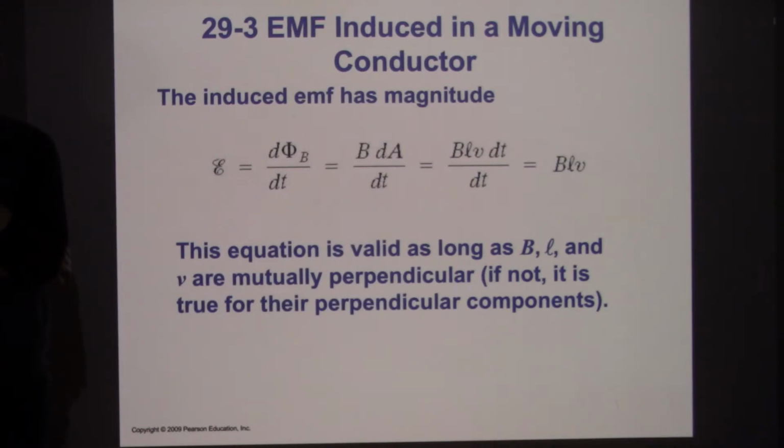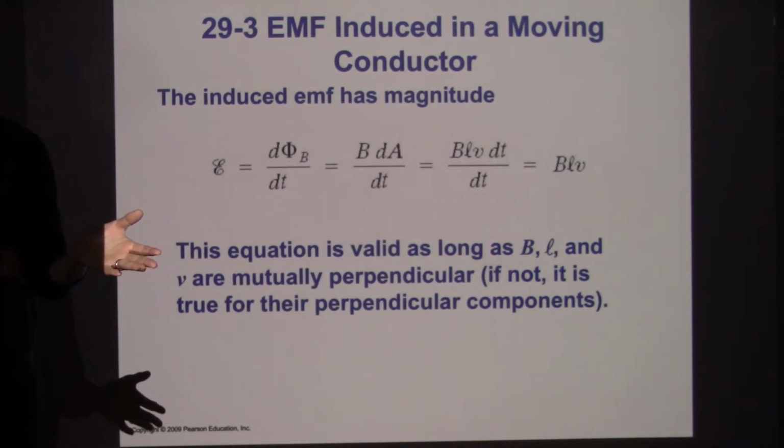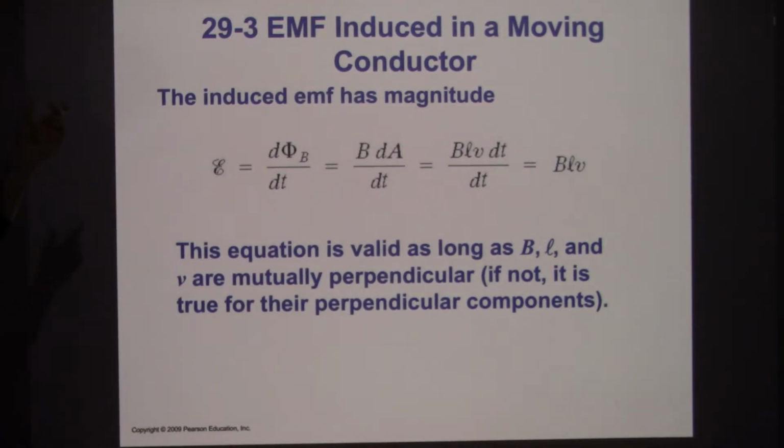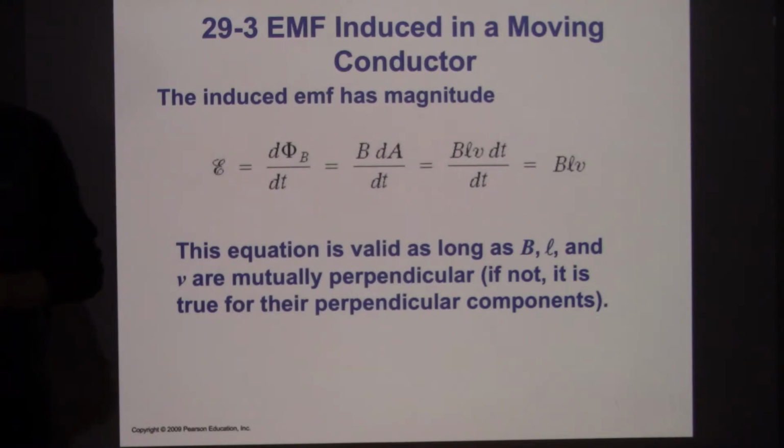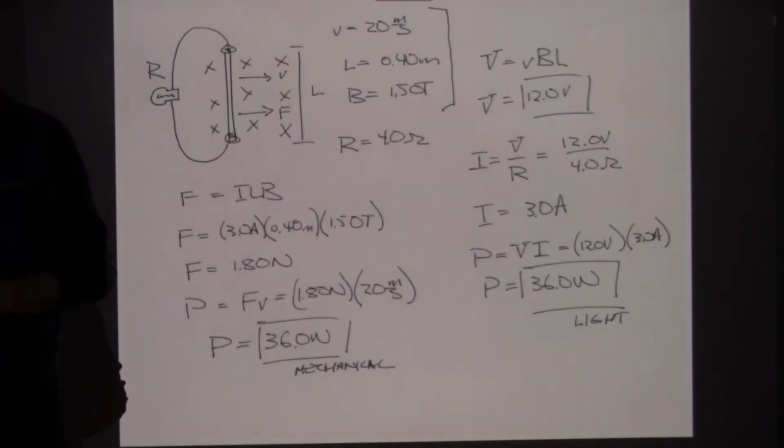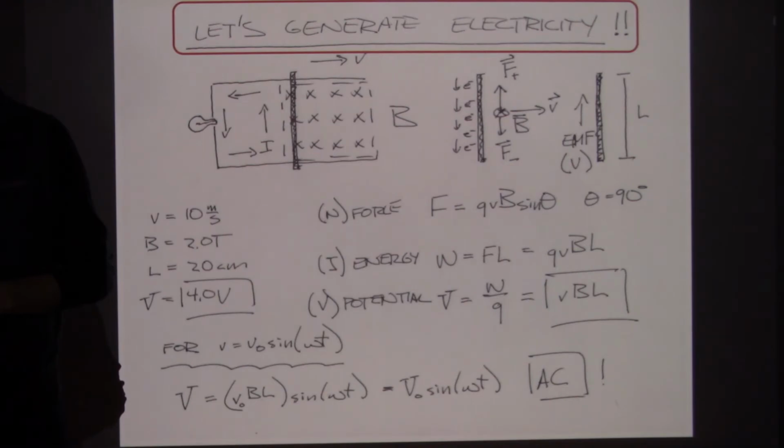Now, the textbook leads with this approach and says, look, we can use Faraday's law to calculate the EMF. And I think this one's complicated. I want to go back to our example where we just directly looked at the bar moving through the magnetic field and used our magnetic force formula. Okay?